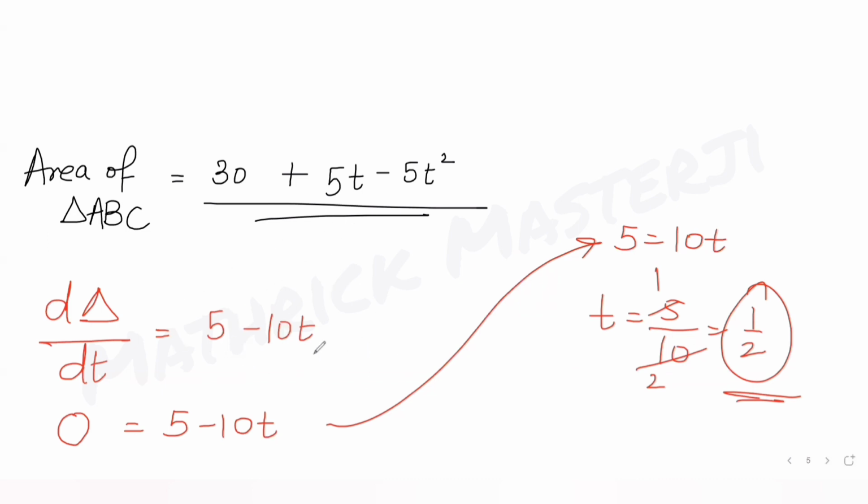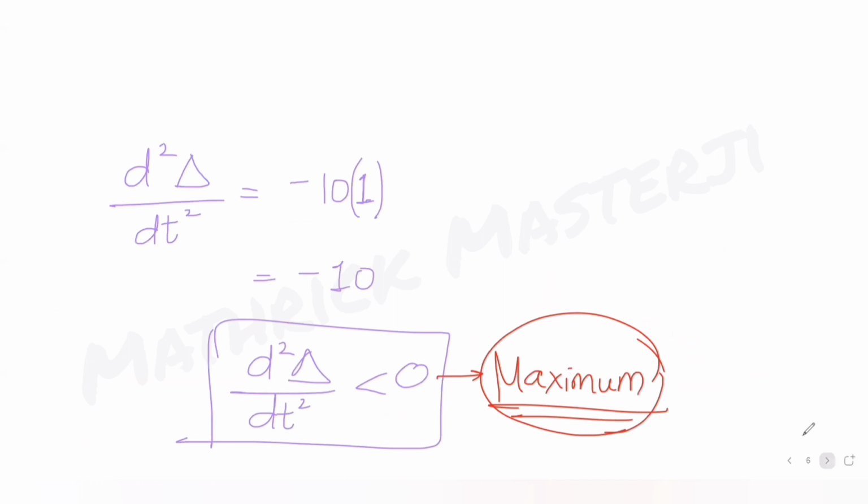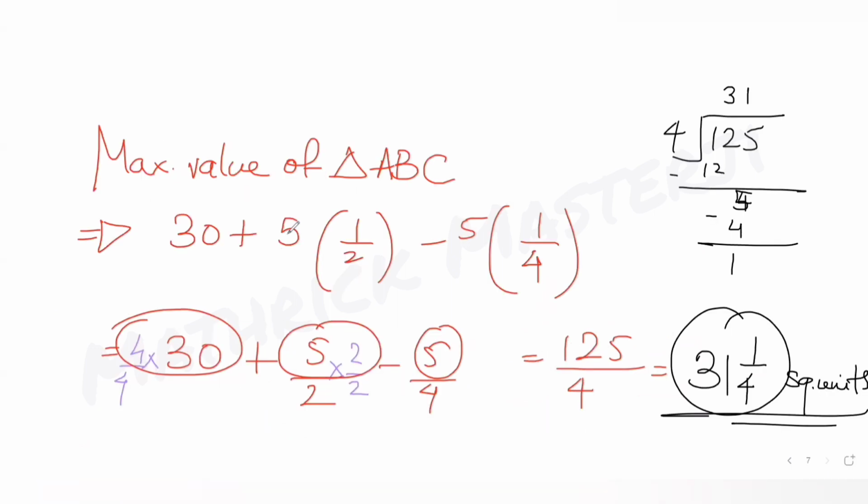I found the first derivative, equated it with 0, and that gave me the value of t as half. Then I found the second derivative and got that as negative, and when it becomes negative, you get a maximum point. So you put t equal to half here and you get the answer as 31 1/4, which matches with option A. So A becomes the correct answer for the question.